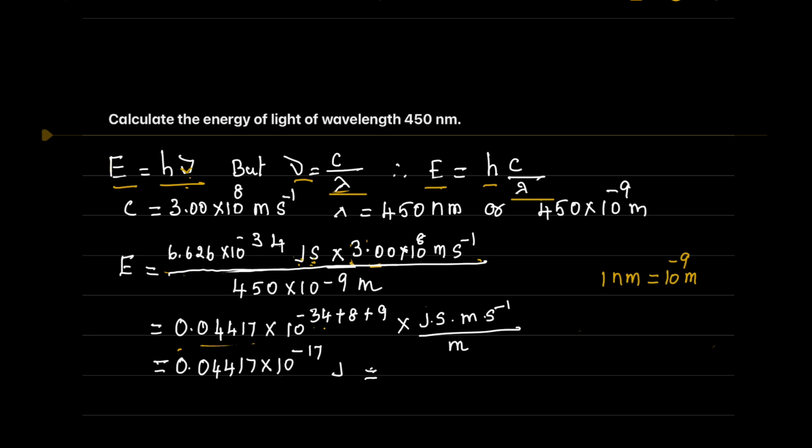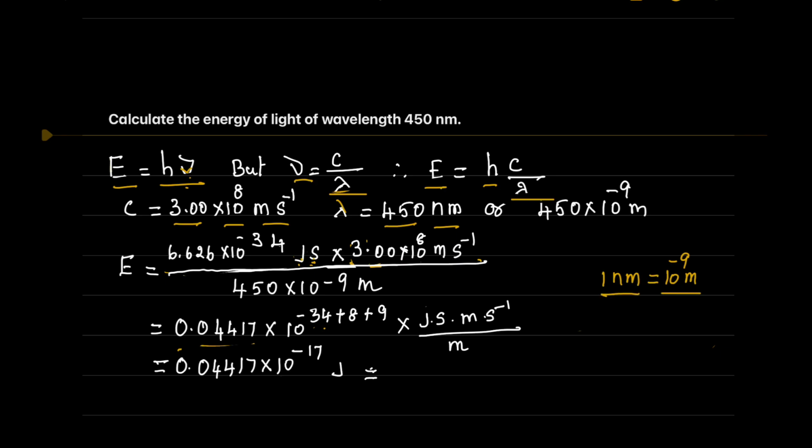What is c? It is the velocity of light. This is equal to 3.00 into 10 raised to the power of 8 meters per second. And the wavelength given in the problem is in nanometers, and we have to convert it into meters. All of you know that 1 nanometer is equal to 10 raised to the power of minus 9 meters.